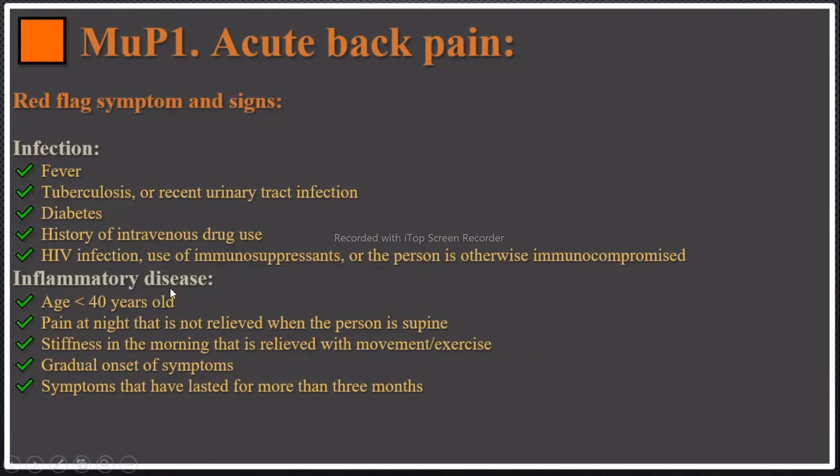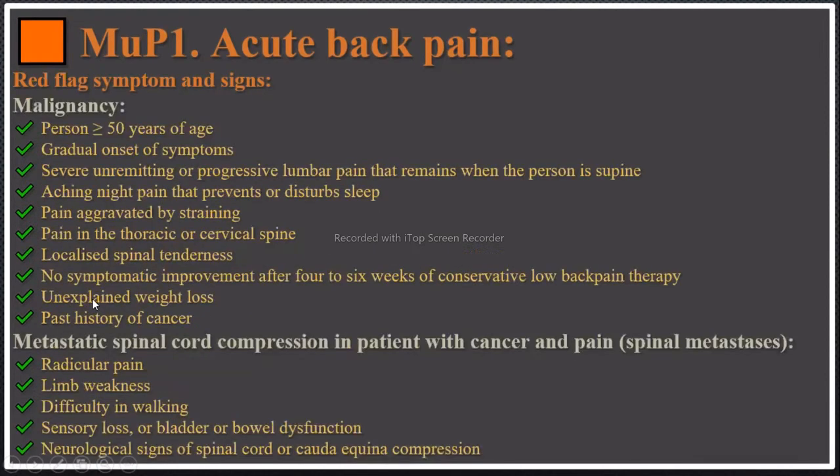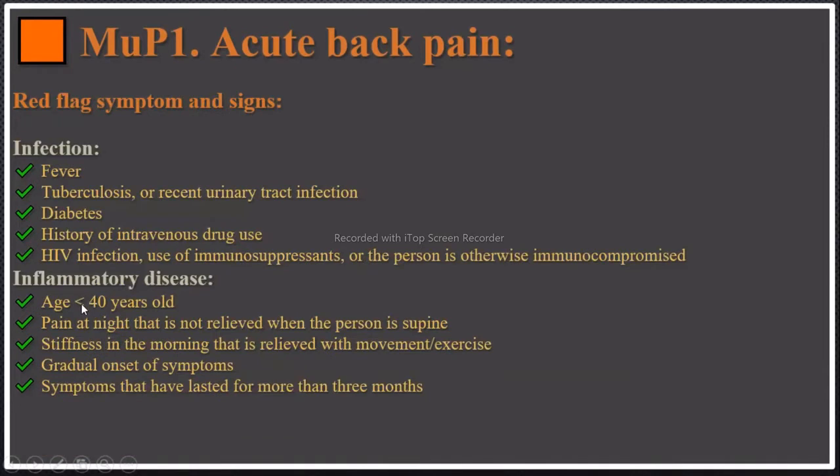Inflammatory disease: the patient is less than 40. What about malignancy? More than 50. So if less than 40, think about inflammatory until proven otherwise. Pain at night, also malignancy.